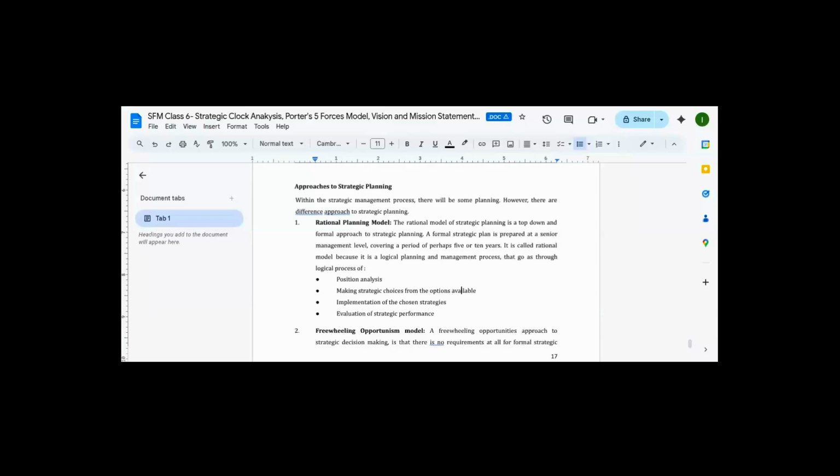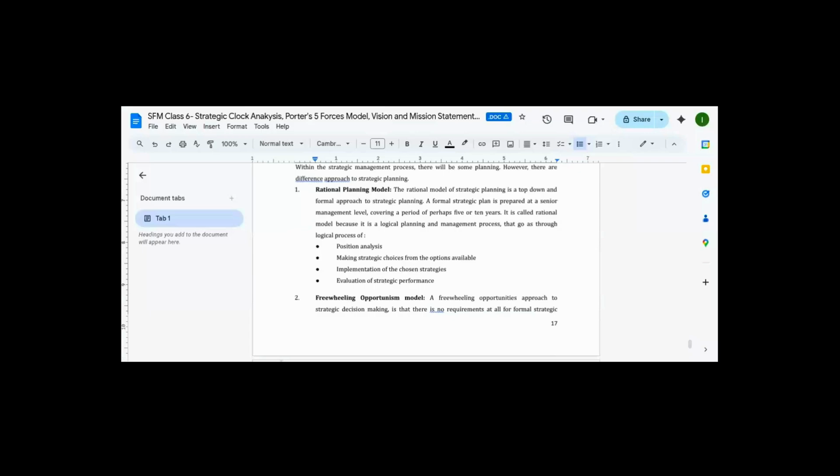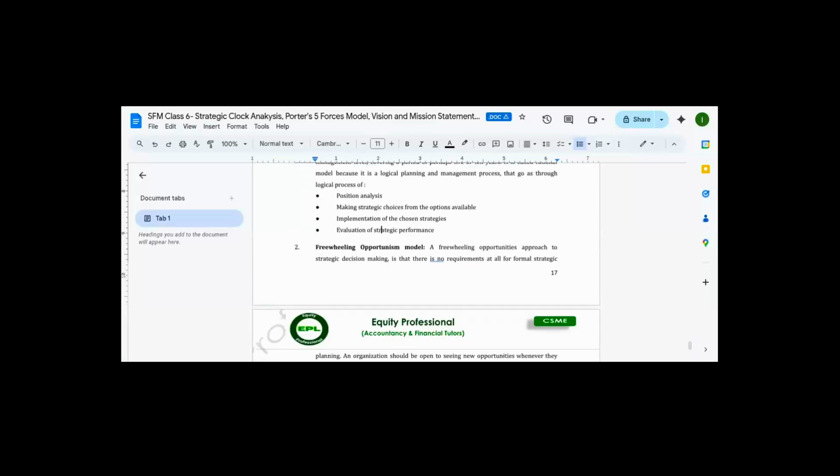What strategy are we using? Is it internal development strategy, market penetration strategy? Are we to use cost leadership strategy, differentiation strategy, differentiation focus strategy, or do we embark on diversification? It requires a lot of strategic choices, and it entails proper implementation of the strategy and in turn evaluation of that implemented strategy.